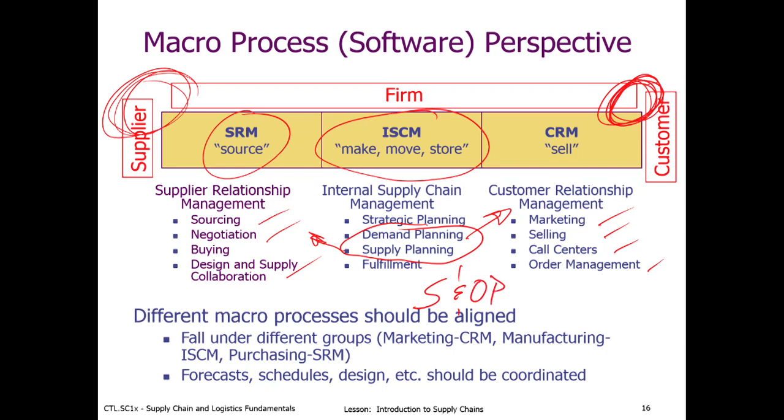Because one of the challenges that a firm has is balancing what we're telling our customers up here and what we're able to deliver from our suppliers and internally down here. And so one of the things that supply chains need to manage is to balance that supply and the demand. So one of the main roles of supply chains is to coordinate that interaction between those.